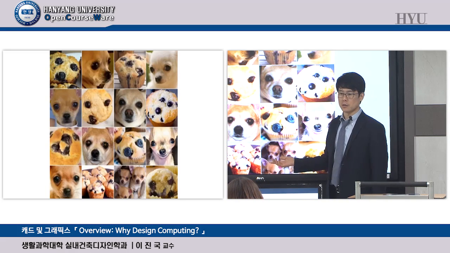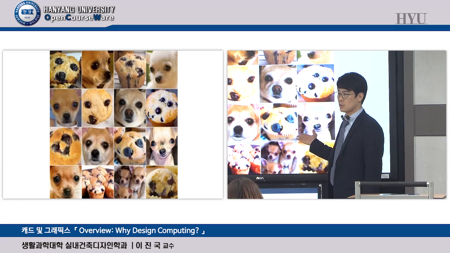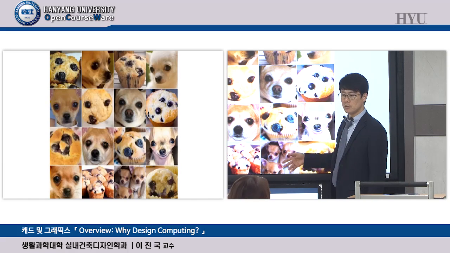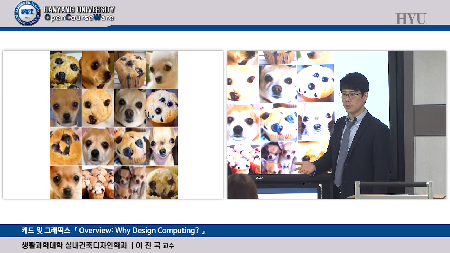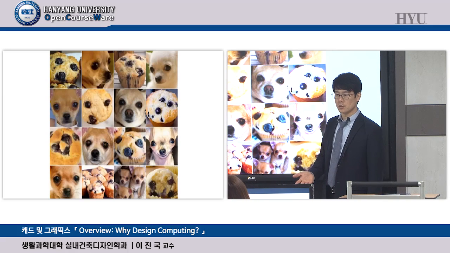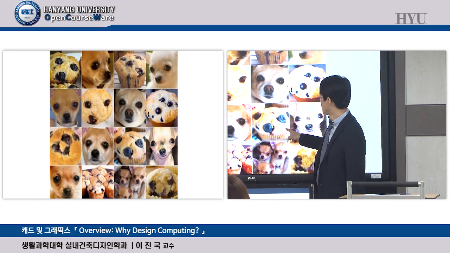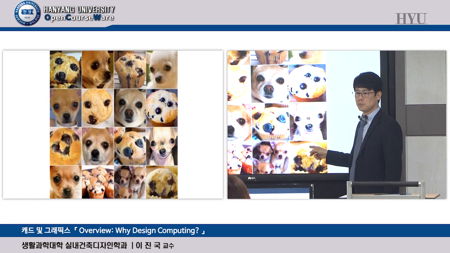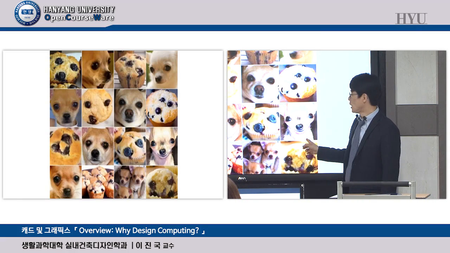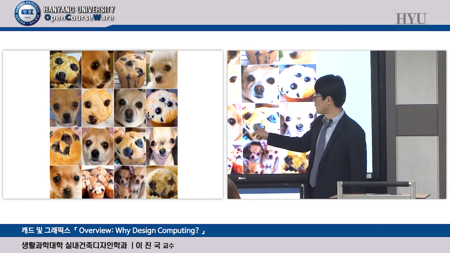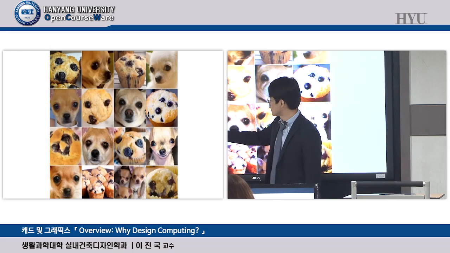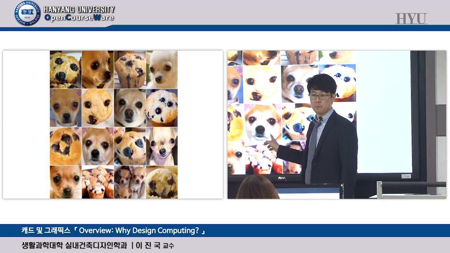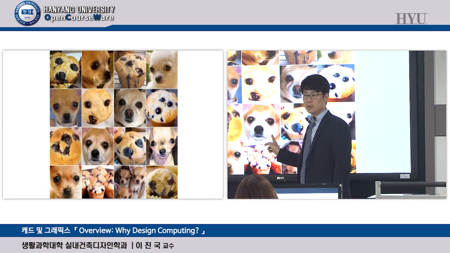How did you get that? Have you learned from your parents, your friends, your teachers, how to distinguish the shape of this muffin and the shape of this small dog? How to differentiate them? You know this is a muffin and this is a puppy's face.